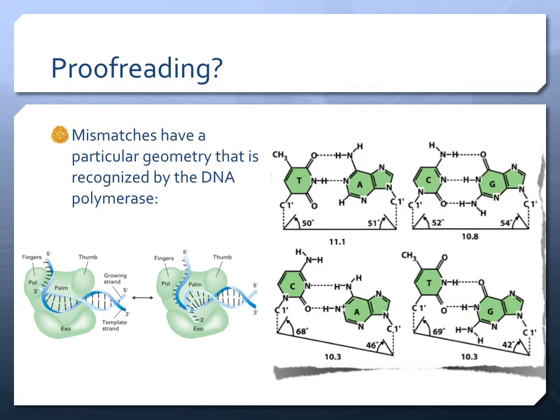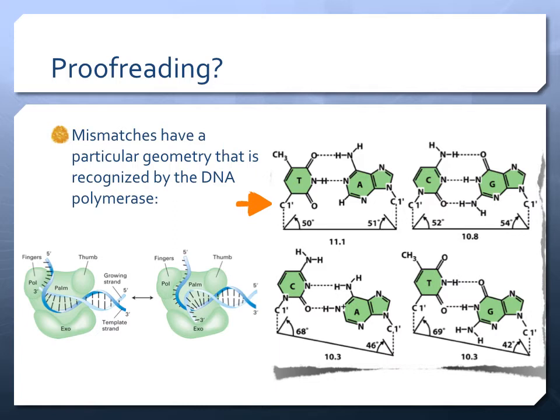In fact, if you look at the geometry of two well-matched nucleotides, like for example a T and an A, or a C and a G, you see that the angle between the two complementary nucleotides is about 50 degrees, when you look at the angle between the nucleotide and the sugar phosphate backbone.